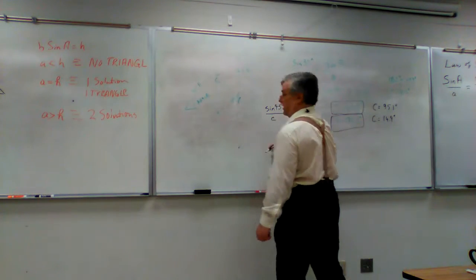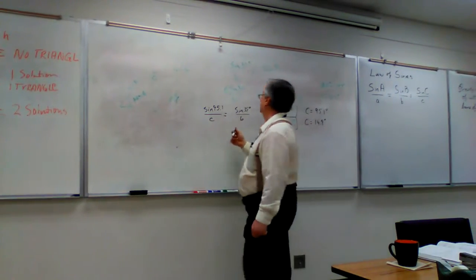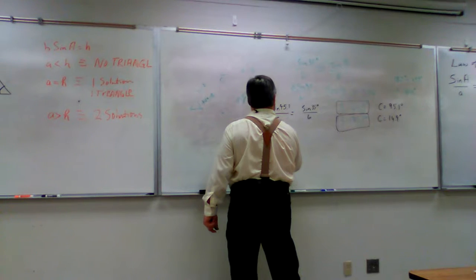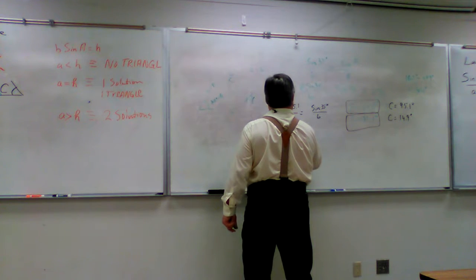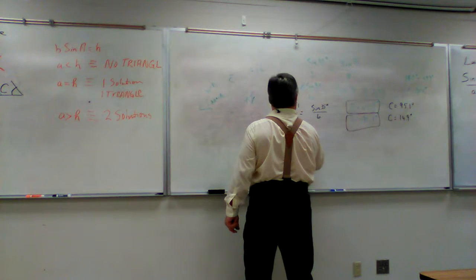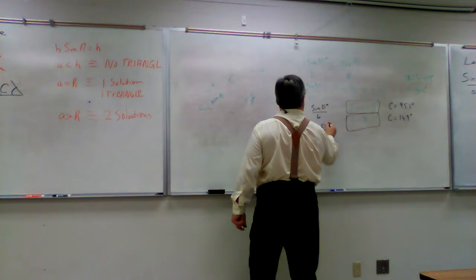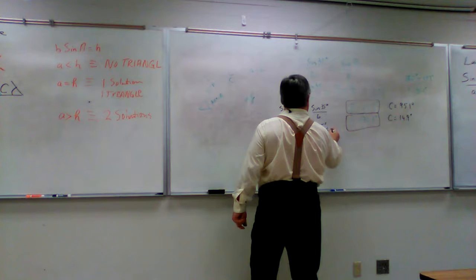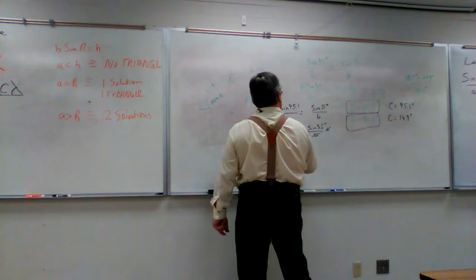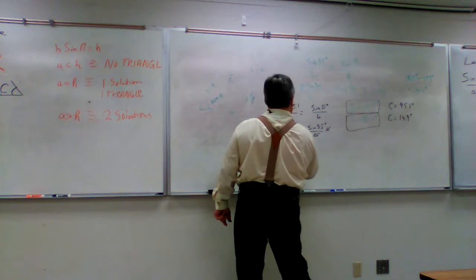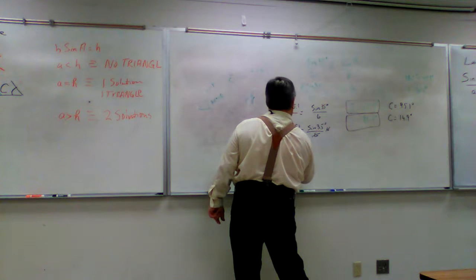Going through the steps to solve this, multiply both sides by 6, those cancel, multiply both sides by c and divide both sides by sine 35.